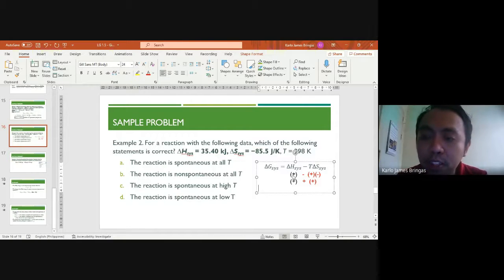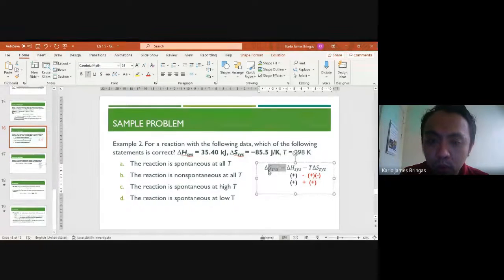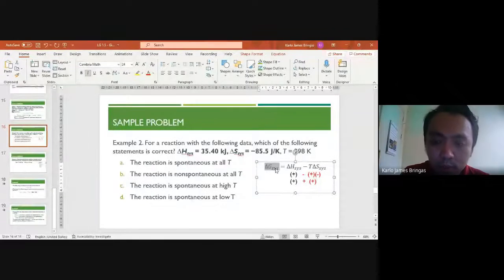Now since positive pareho ang ating dalawang terms, we then say na our delta G has no way of being negative in value. Delta G for the system will always be greater than 0 no matter the temperature.